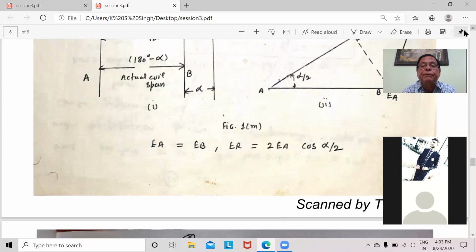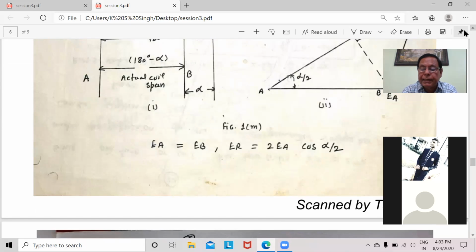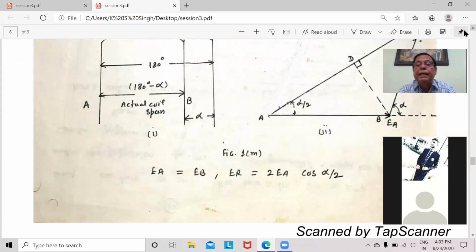If you see in the previous figure, take the right angle triangle ABD, then what is the value of AD? AC is equal to 2AD. You can calculate that ER is equal to 2EA cos alpha by 2.